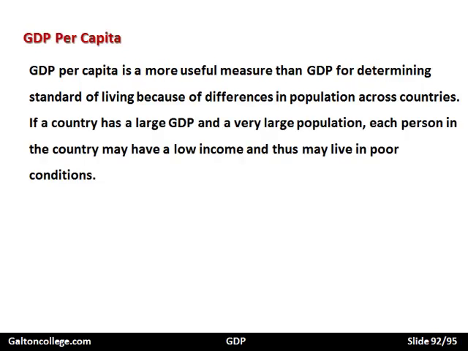If a country has a large GDP and a very large population, each person in the country may have a low income and thus may live in poor conditions. And we see this in many powerful countries, many large, powerful countries with very large populations.